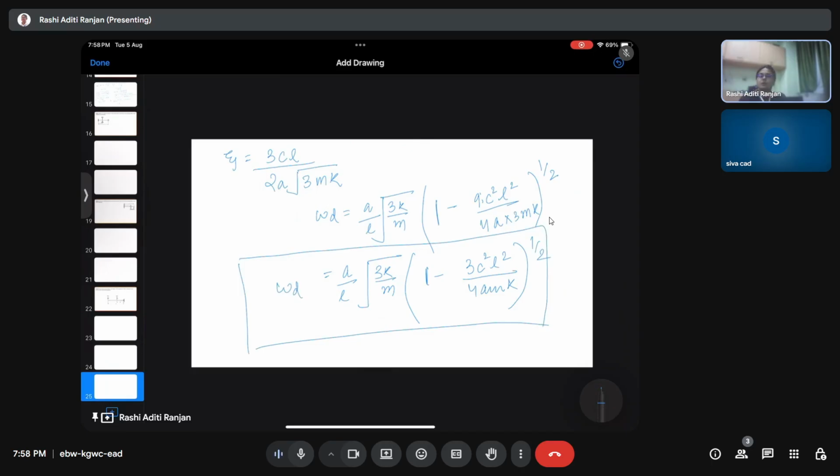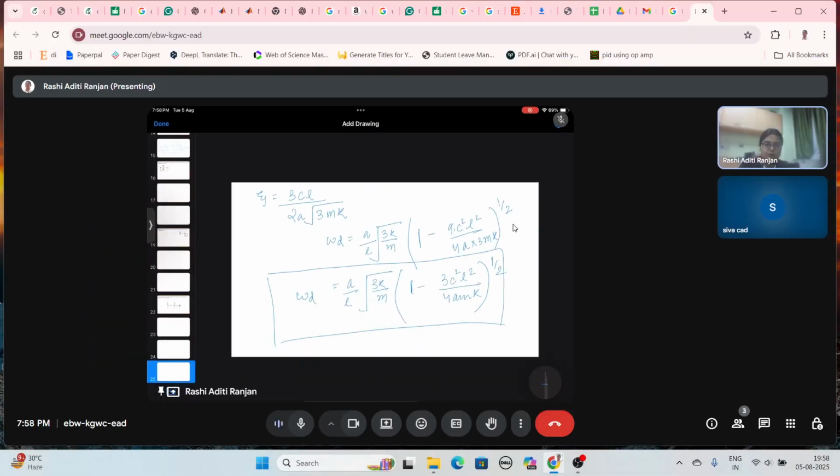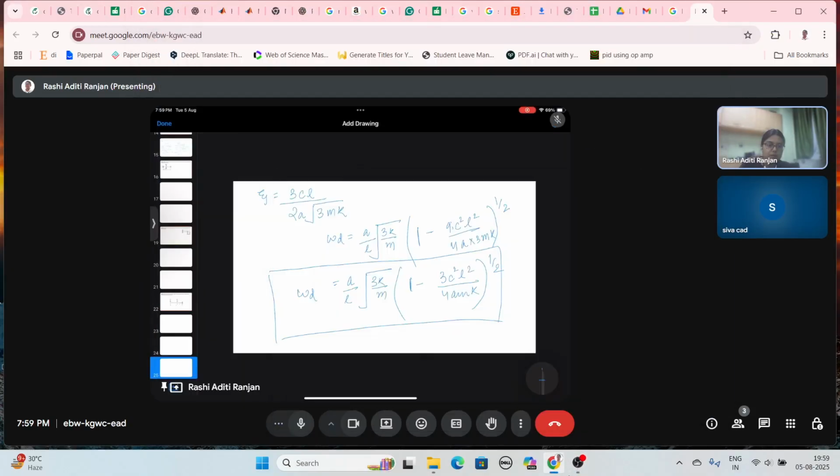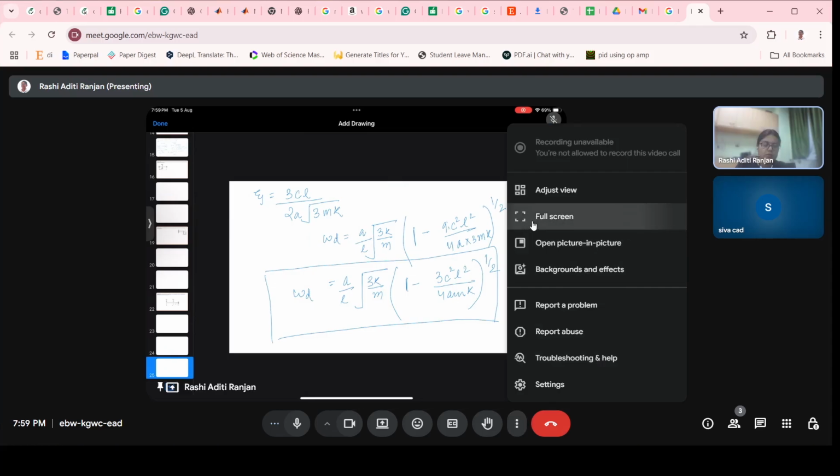Okay, so this is going to be the damped natural frequency. I hope this is clear.